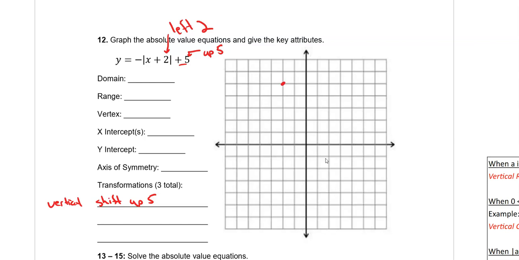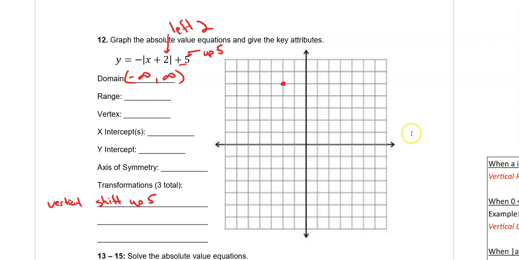Right there, up 5, left 2. And my domain is always negative infinity to infinity on a regular absolute value problem. My range, let's wait a little while before we put in range.